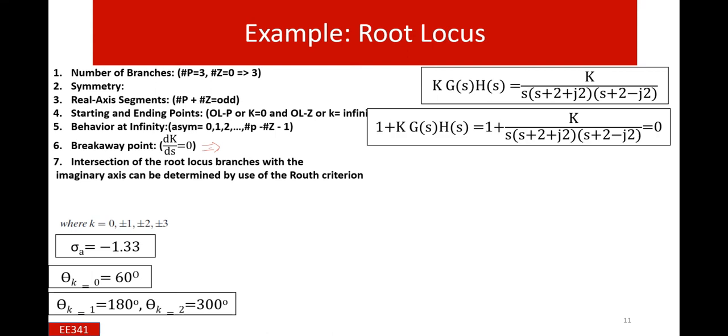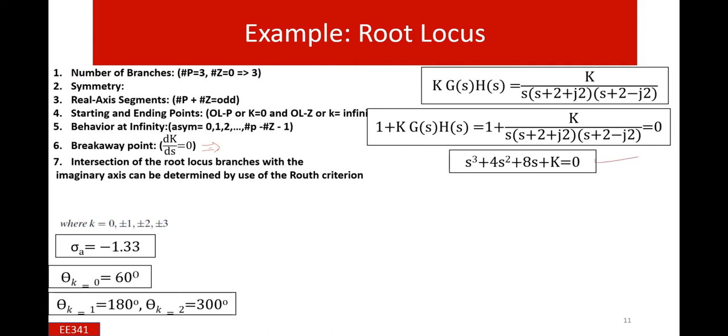So we have the characteristic equation: 1 plus k times the transfer function, which is s times (s plus 2 plus j2) times (s plus 2 minus j2).